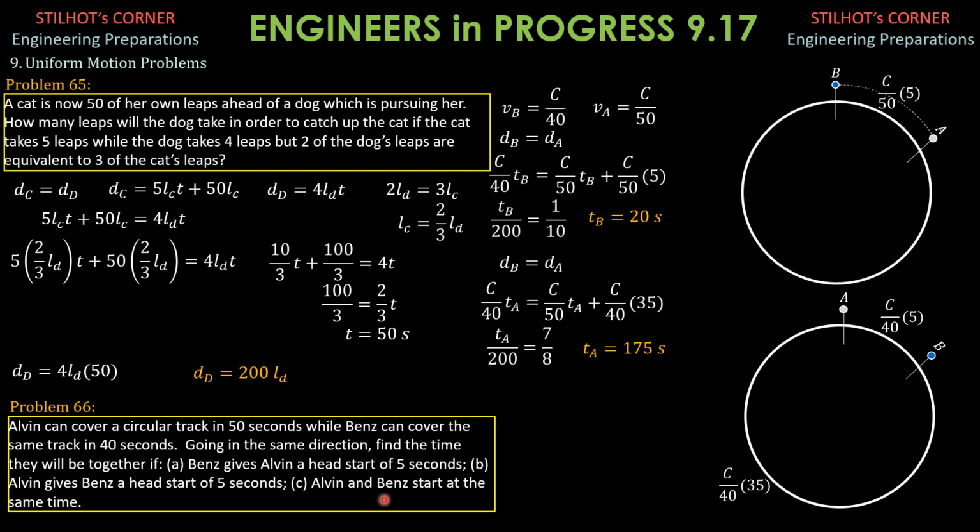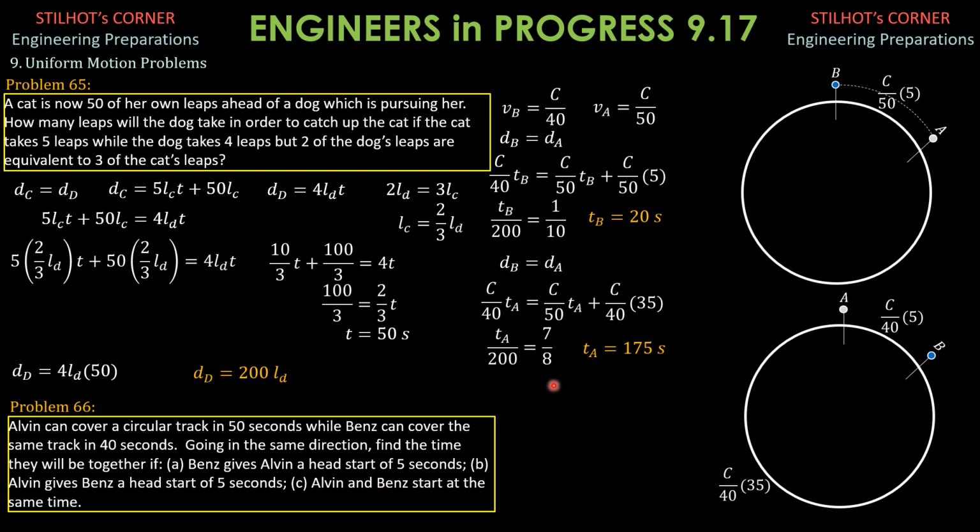Then see, Alvin and Benz start at the same time. So in this case, the time would be common for the two, and we will just call it t. There's no more reference as to which time should be used, in order for the two to be at the same point, at the same place.